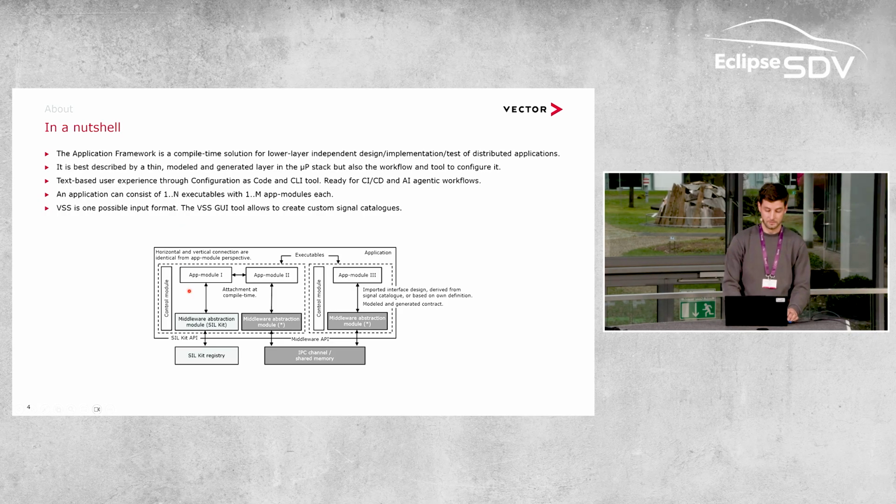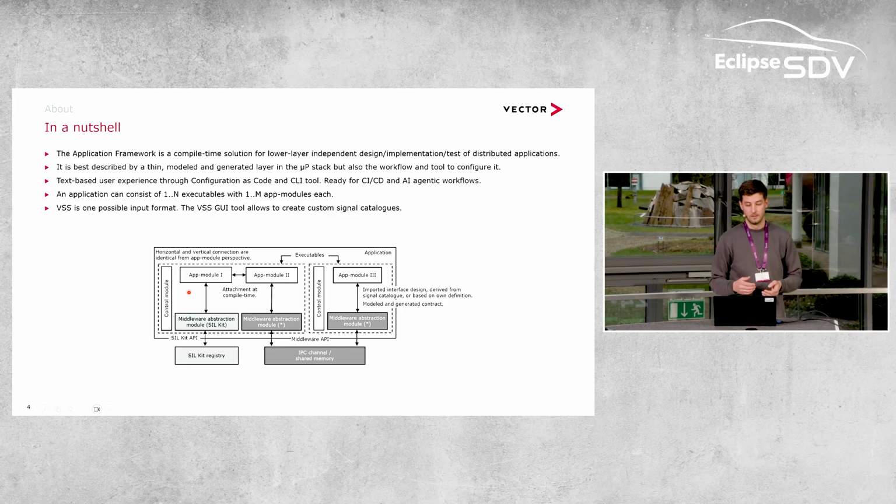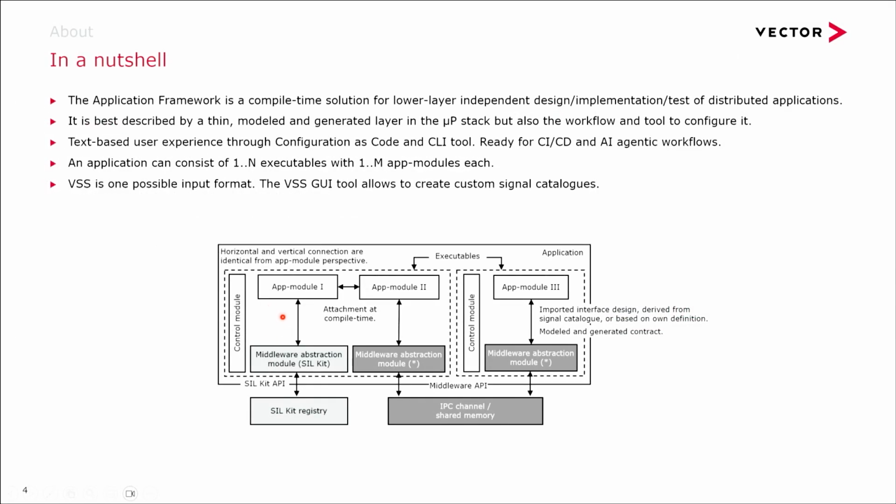You see them here. Those modules are, first of all, independent of the lower layer, so you can develop them in a standalone project. You can even start testing on this level. This is the domain of the application developer, and through the framework you are enabled to connect the app modules during design and compile time with different lower layers.